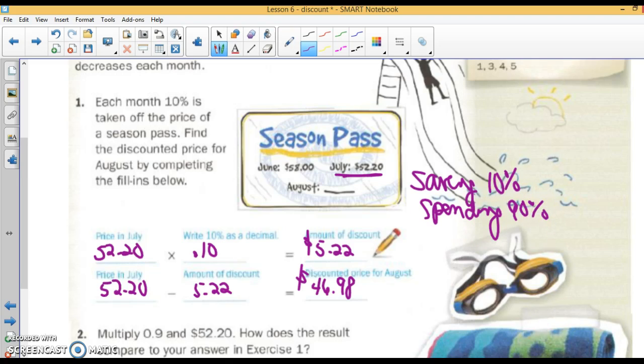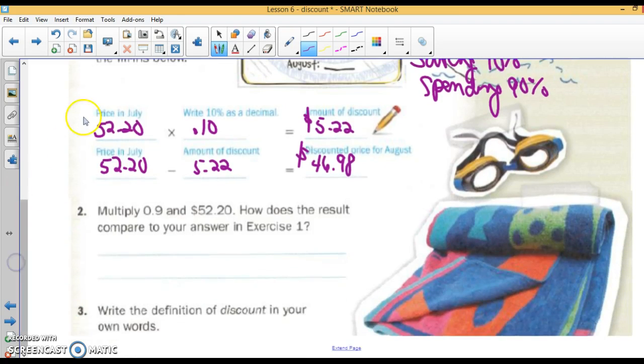So, instead of finding the amount that you're saving and subtracting, why don't we do a shortcut way? Take 52.20, and we're going to spend 90% of it, so times 0.90. And you will go directly to $46.98. So you can do the same thing in one step. I don't care which way you do it. I think this way is quicker and more efficient.